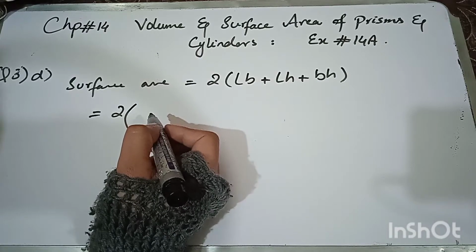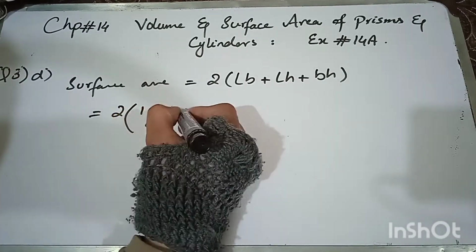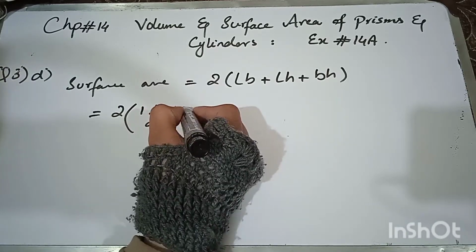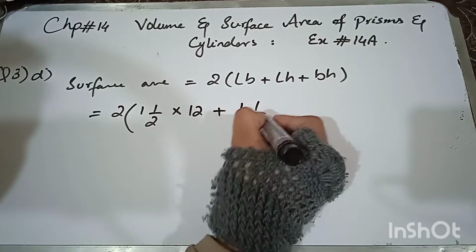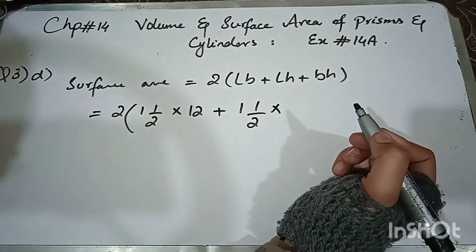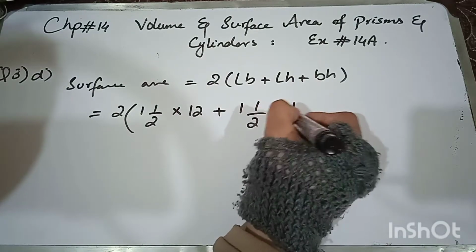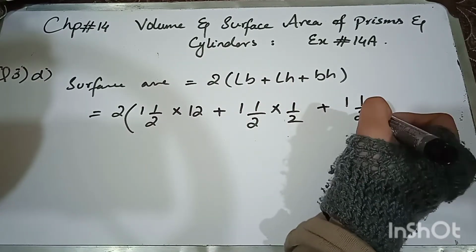Okay, we have a length that is 1 whole 1 by 2 into breadth, and breadth is 12, plus again one length is 1 whole 1 by 2, and height is 1 by 2, plus breadth, that is 1 whole 1 by 2.